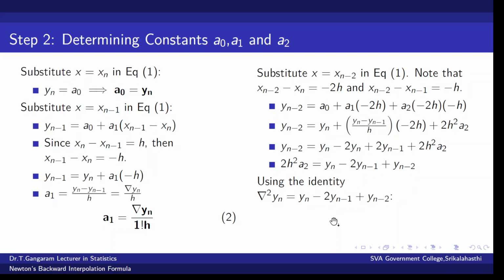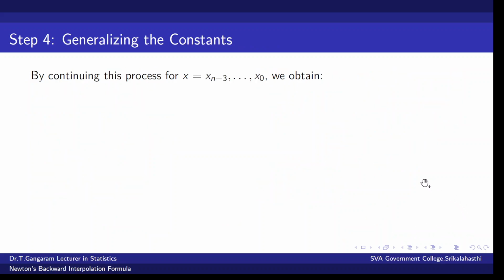So we can use this identity. a2 is equal to Δ²yn by 2 factorial into h square. This is our equation 3.